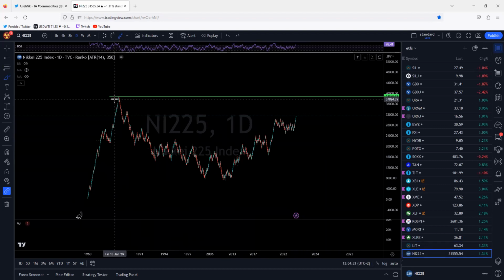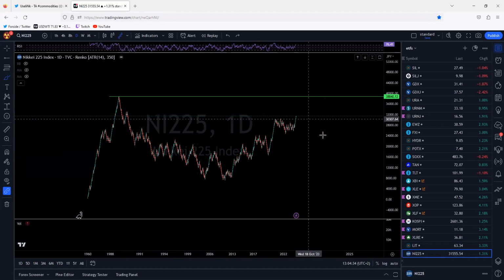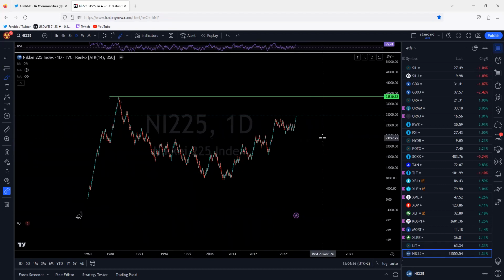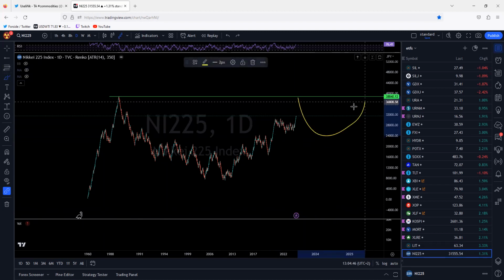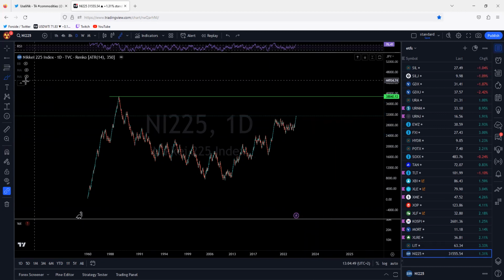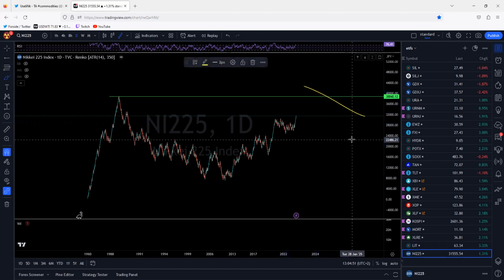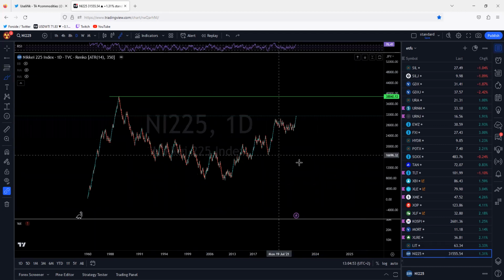But this looks very much like the gold chart actually, from 2011 to 2019 more or less, where we also started to go for the all-time high for gold, and then we will do some sort of pause, like a cup and handle, or some sort of flag maybe. But yeah, we will have to wait and see.